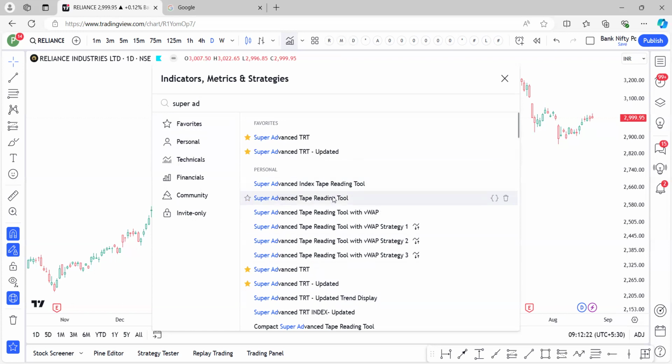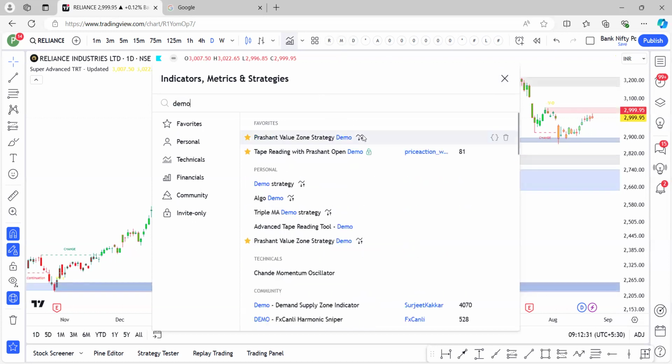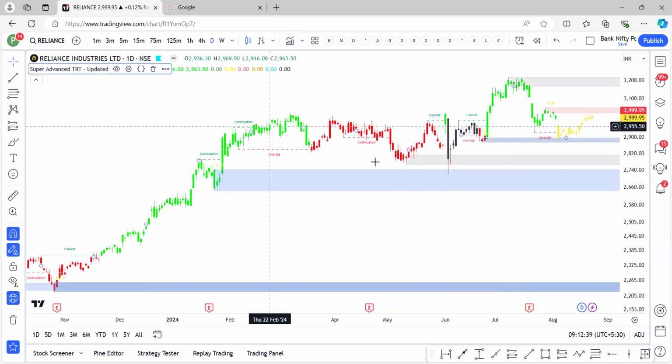Okay. So this way you will be able to add it to your chart.